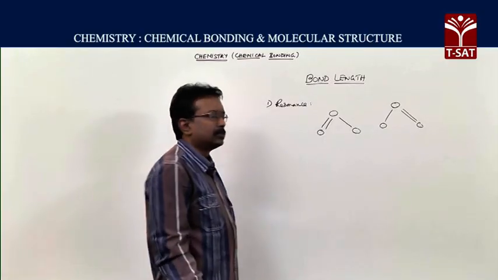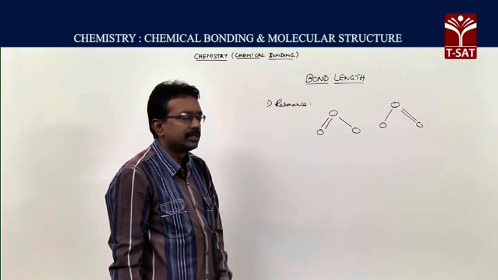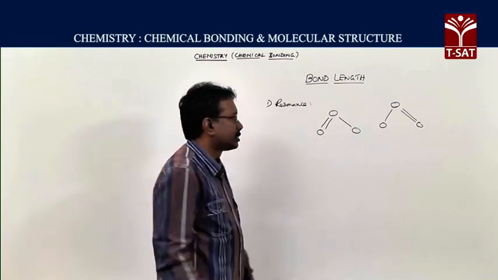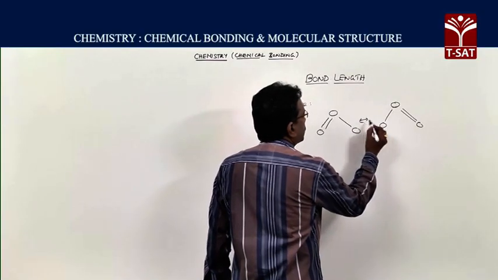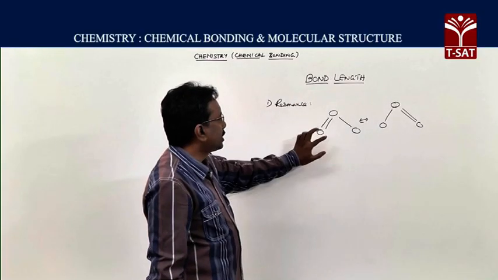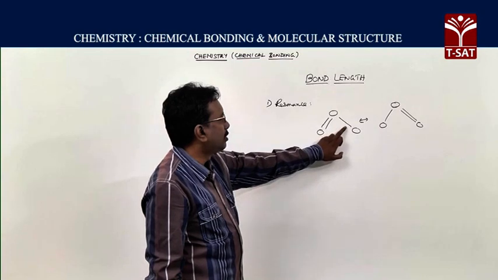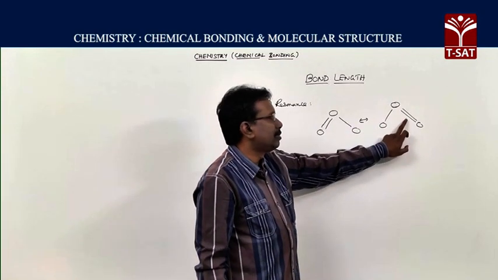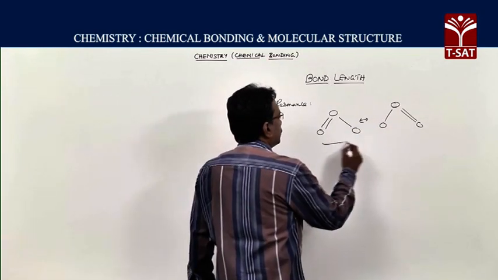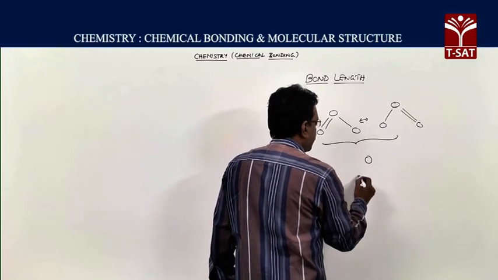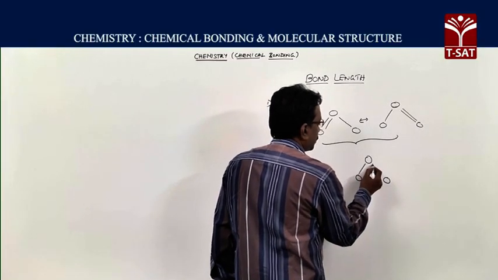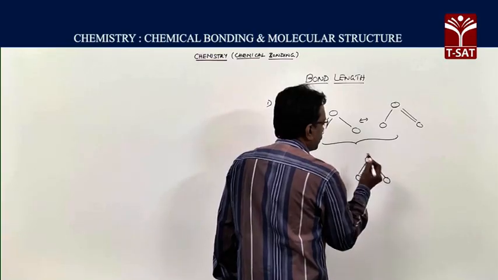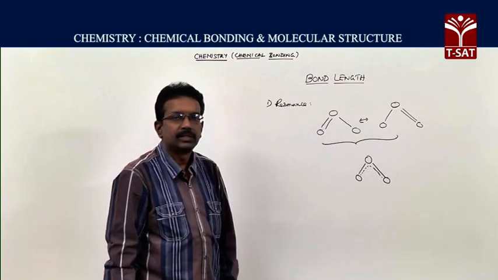Another Lewis structure of the ozone molecule is a different structure. These two are called resonance structures. If you consider this structure, a double bond is available here, a single bond here, and here a double bond, then this is called the resonance hybrid.